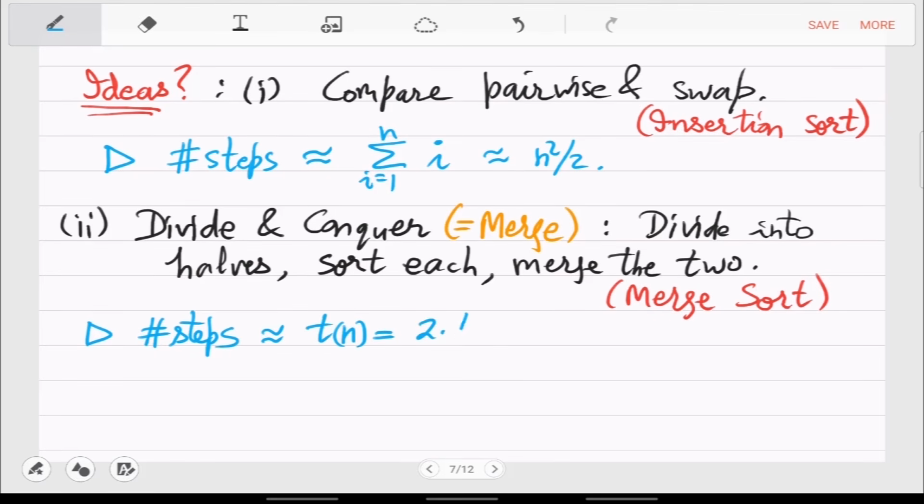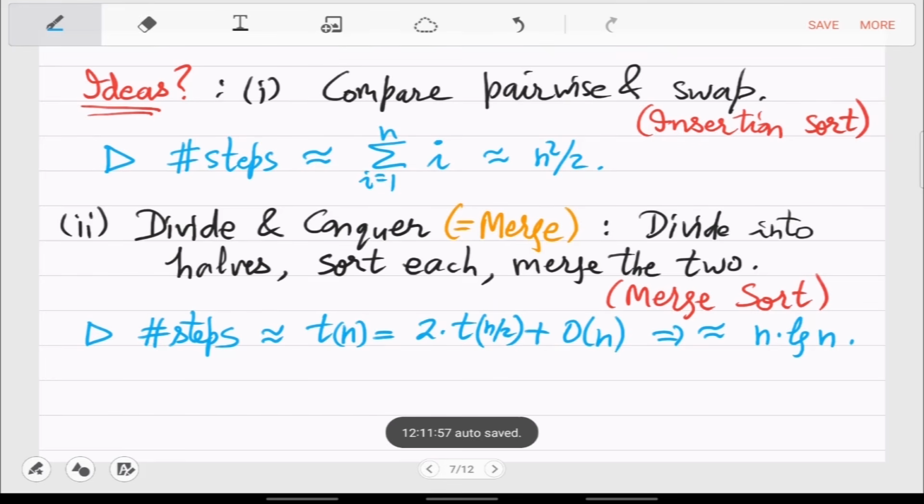T(n) is basically 2 times T(n/2), and the magical thing is that this merge is only linear time. So the number of steps, if you call it T(n), is basically double of each half, that is T(n/2). Currently T(n) is unknown, but this recurrence is known. If you solve this, you will get n log n.